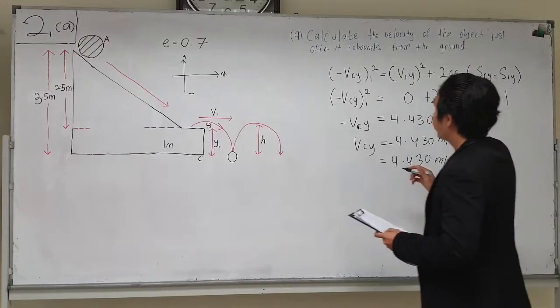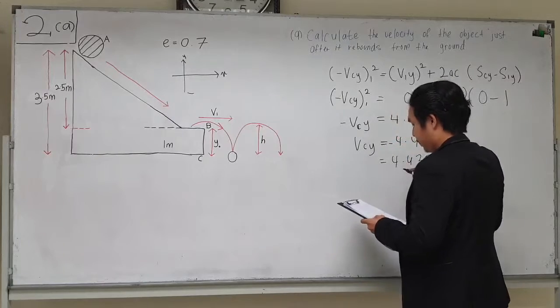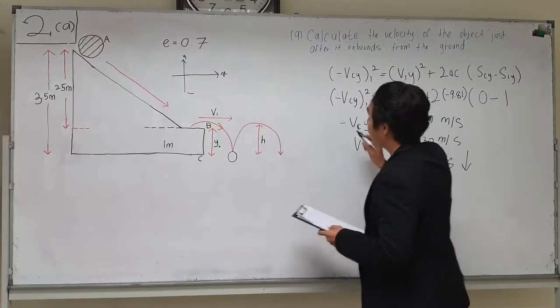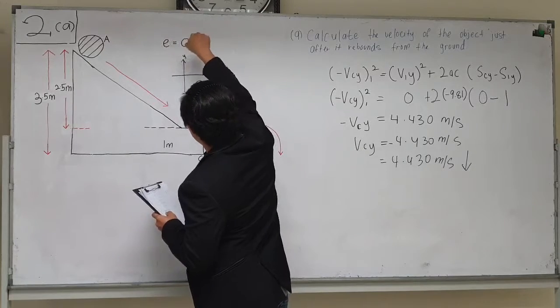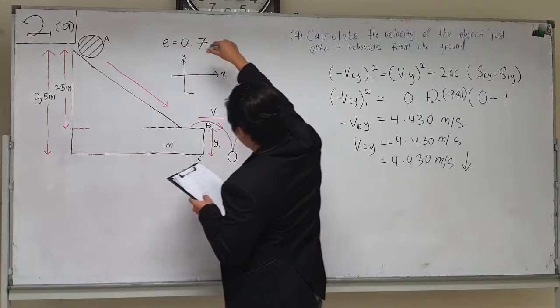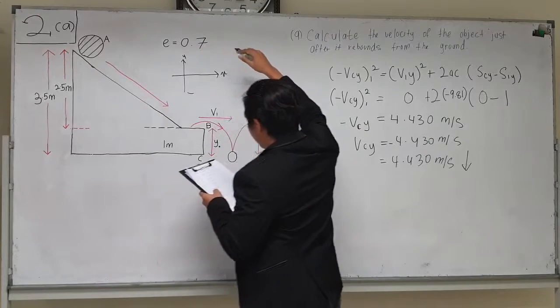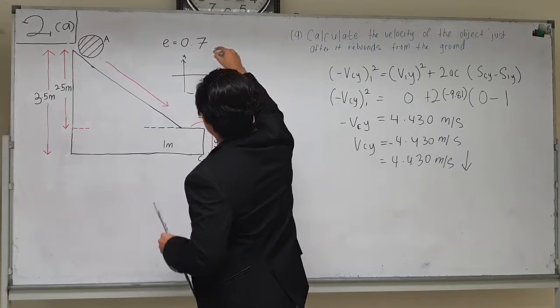Okay, the next step for question A: the question already gives the e value. The e value stands for the coefficient of restitution.